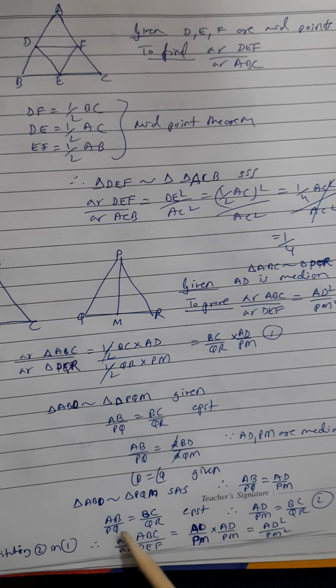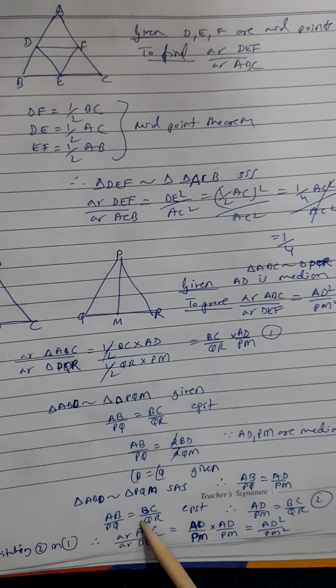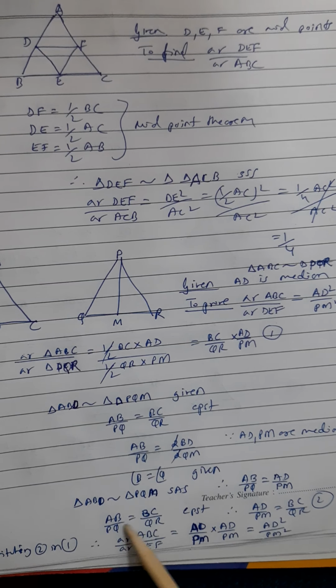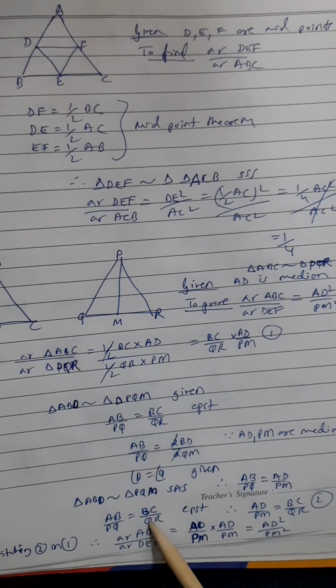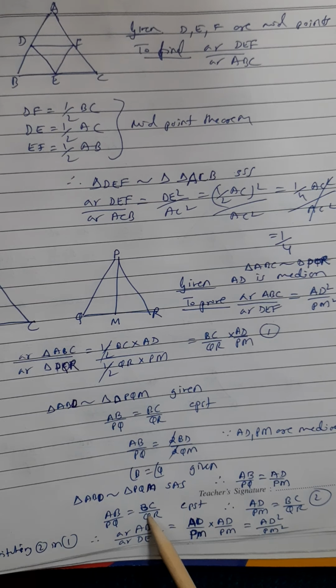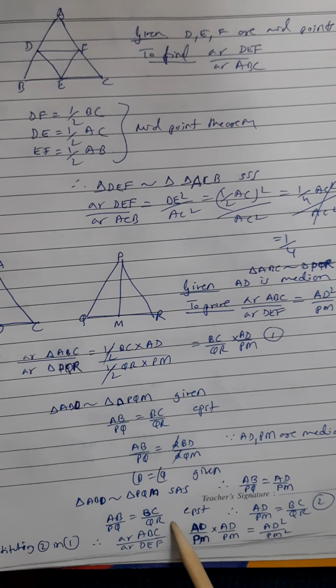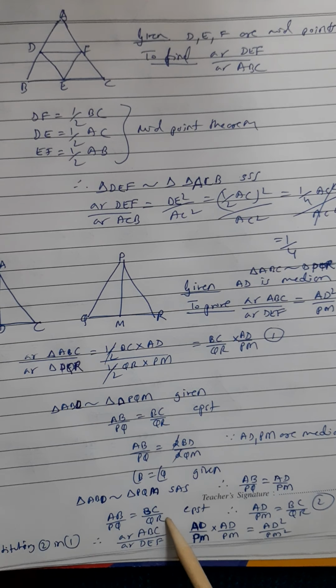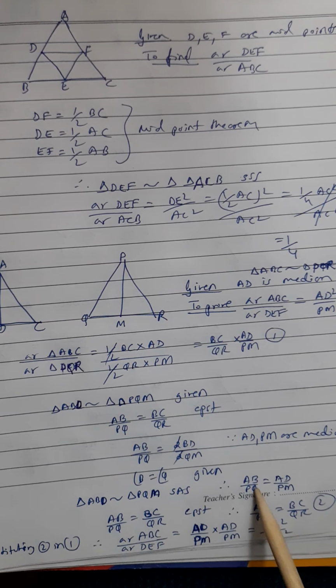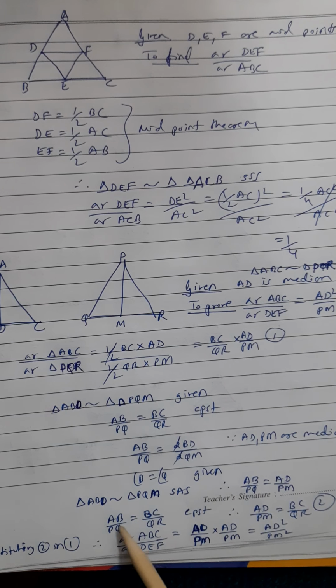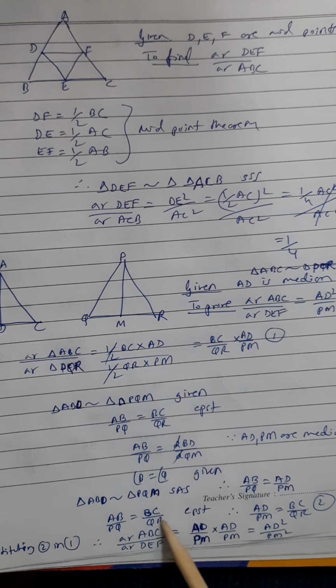Now AB by PQ is equal to BC by QR, because the bigger triangles are already given similar, so the corresponding parts of similar triangles are in proportion. And if you look at these two now, AB by PQ is equal to AD by PM and AB by PQ is equal to BC by QR.